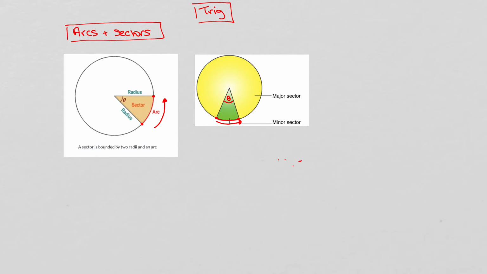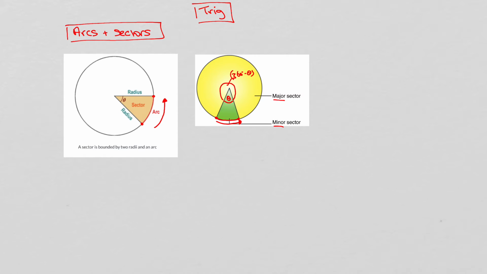So in other words, it's called the minor sector. Whereas if I look at the angle, if I take theta away from 360, so that angle there would be 360 minus theta. Well, what that gives me, that yellow bit, is the major sector. So it's always important to check in the question, are you looking for the major sector or the minor sector?